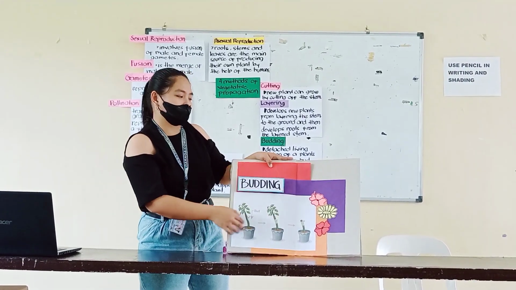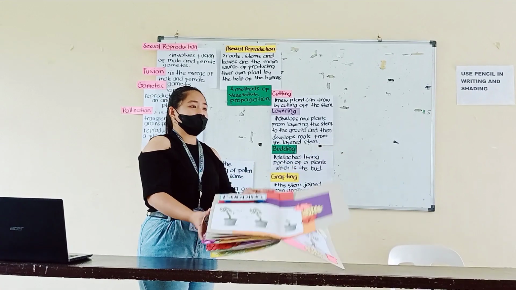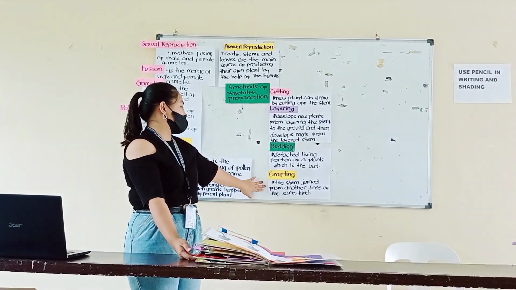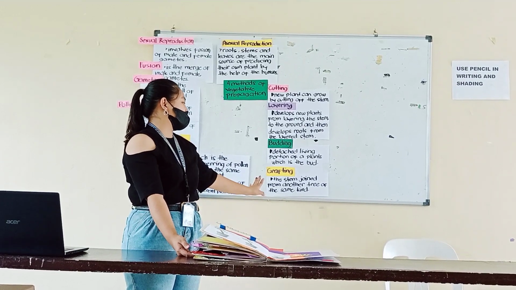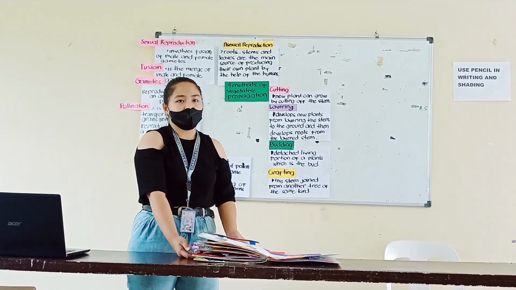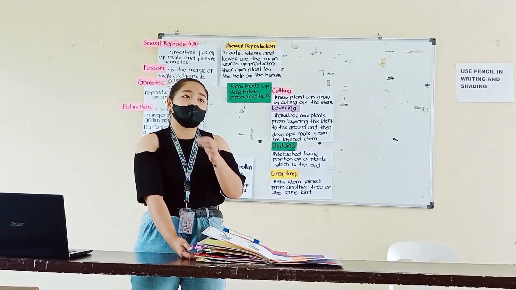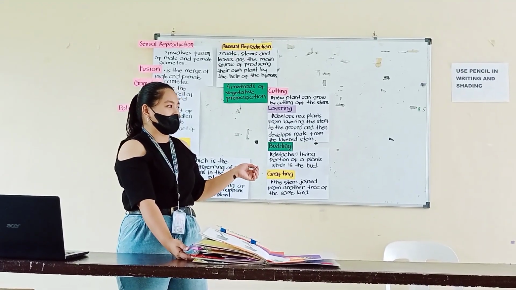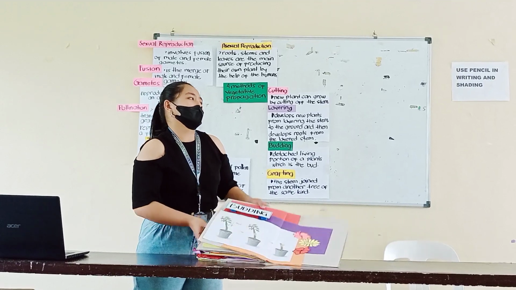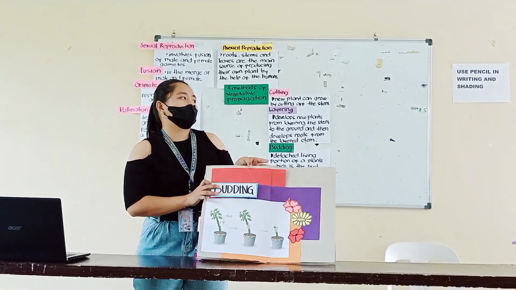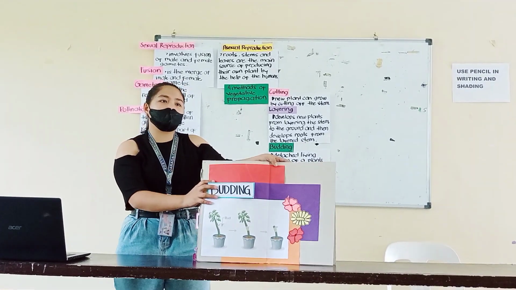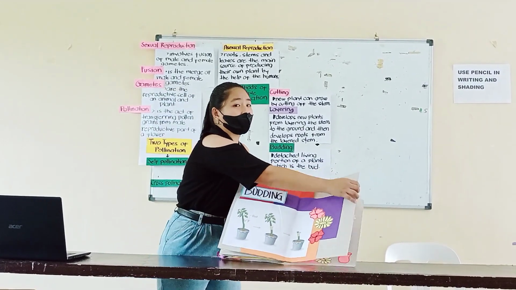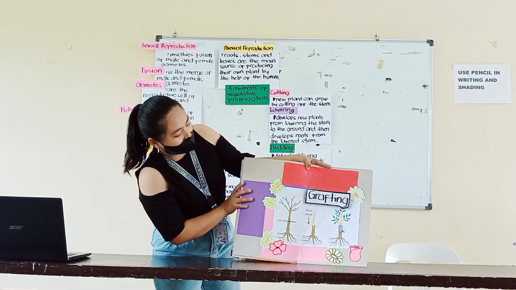The next one, the last one, is grafting. When we say grafting, the stem is joined from another tree of the same kind. Grafting is usually used on fruit-bearing plants, like mangoes and others.